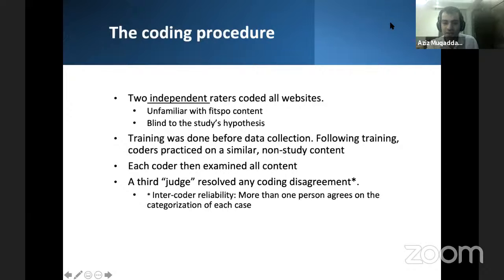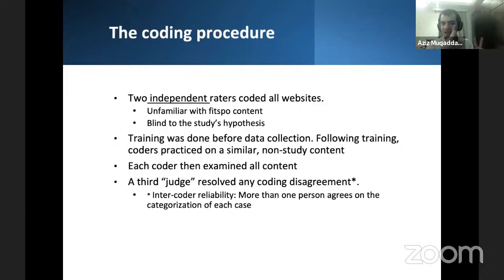Then each coder examines all the content, and a third judge, who's usually the first author, which was the case in this article as well, would resolve any coding disagreement. So let's say Ariana and Kate disagreed on whether something was a thin pose or not. The third judge will look at it and say, yeah, this looks like a thin pose to me.